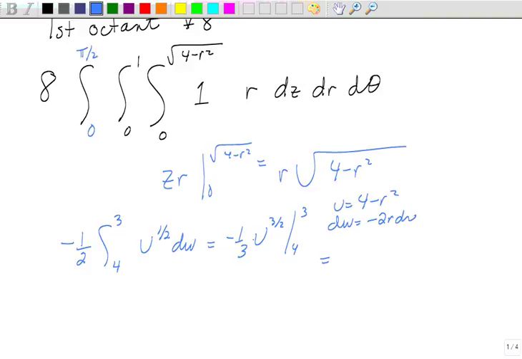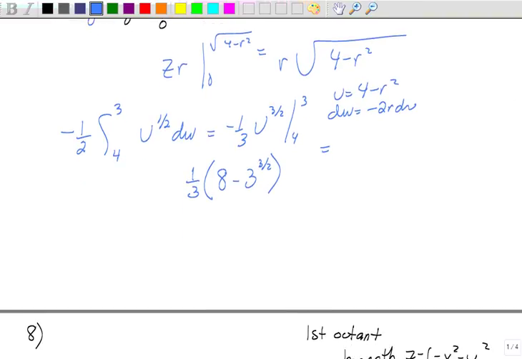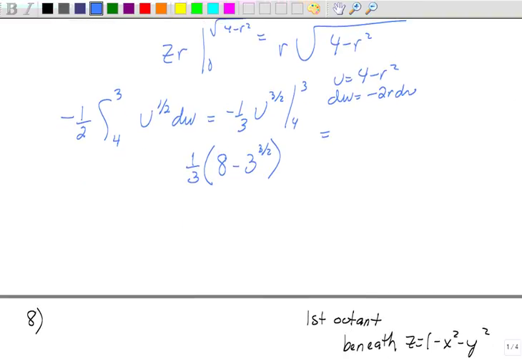Okay, if you plug the 4 in first, I can get rid of that negative sign. All right, then I'm going to integrate that with respect to theta, and I keep forgetting my 8.